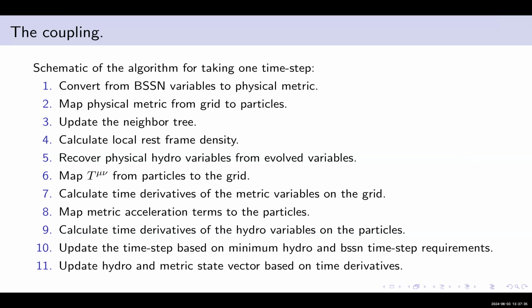So here's the schematic of the algorithm for taking one time step. So first we have to convert from the BSSN variables to the physical metric. Then we have to map that physical metric from the grid to the particles.